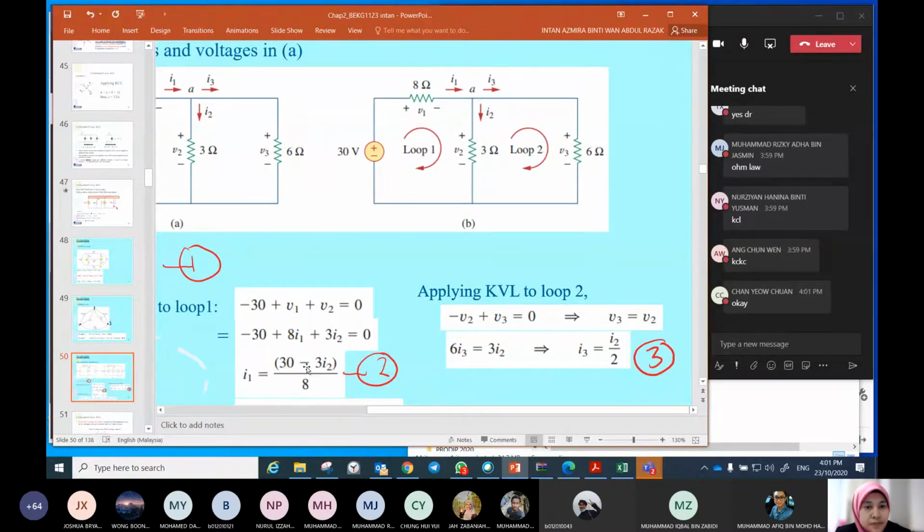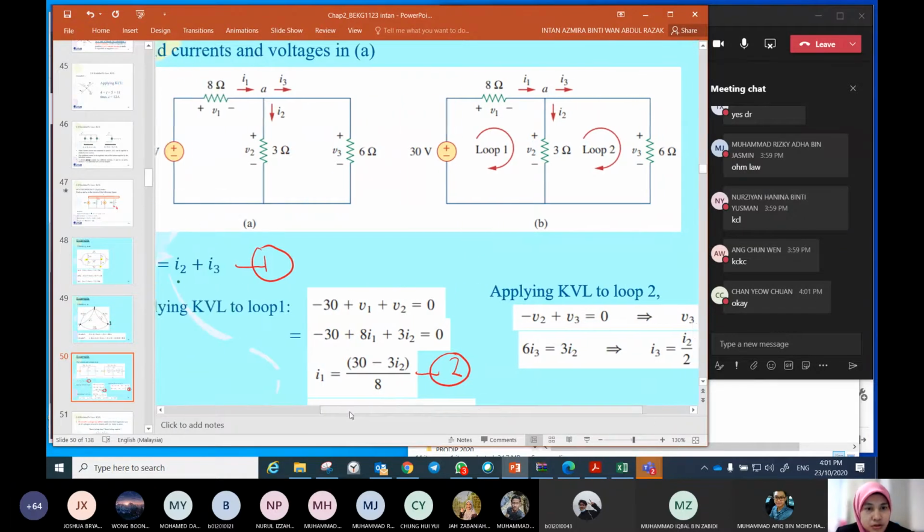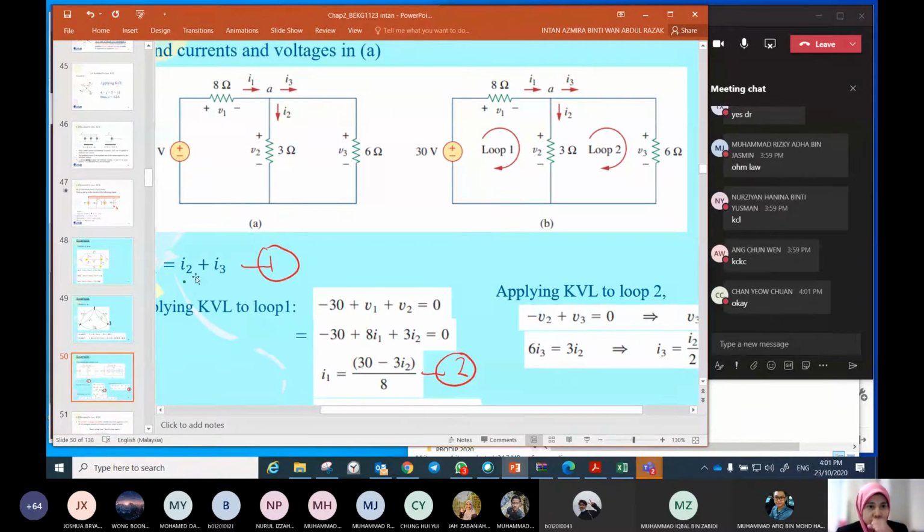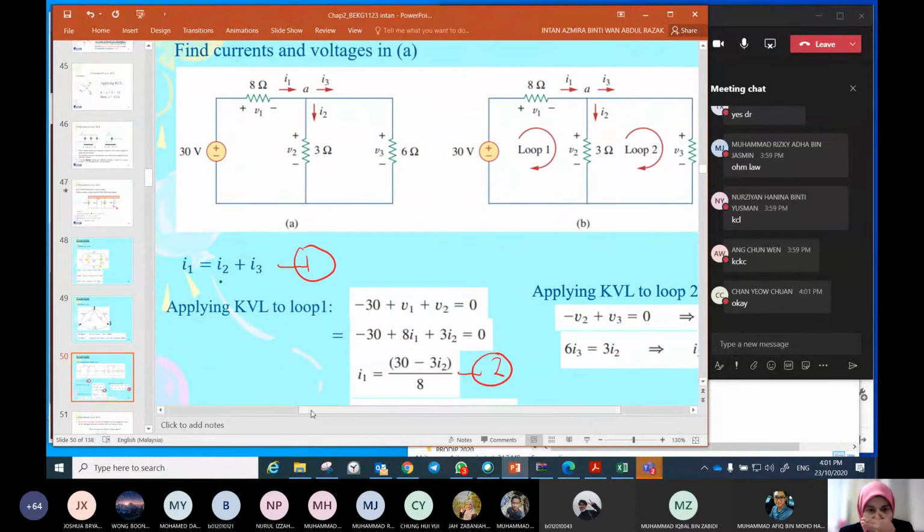This is the equation of I1 and I2. We have 3 unknowns here, I1, I2, and I3 in the first equation.